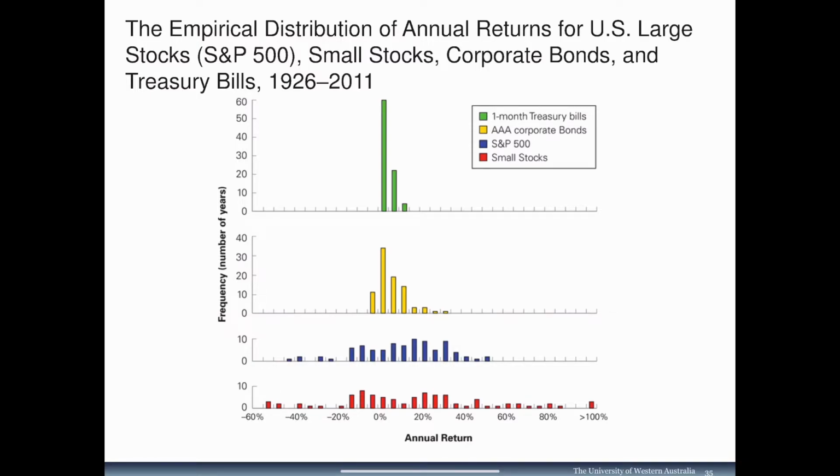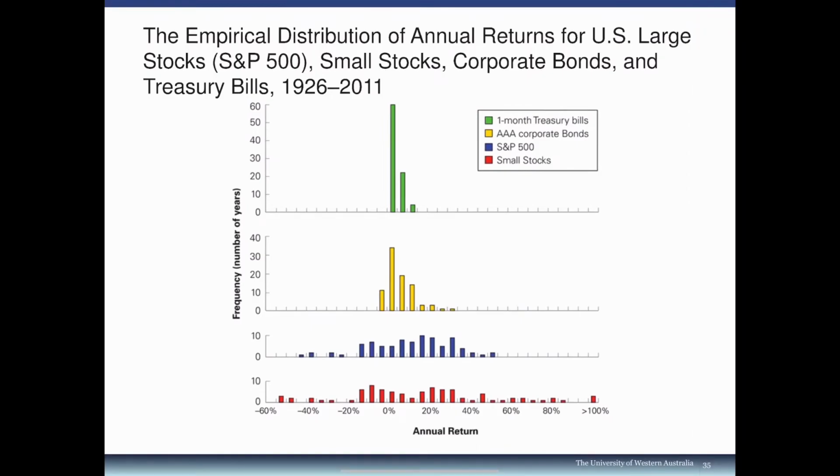Your intuition tells you we know that small stocks was the one that has the highest risk in the previous graph, and you also confirm that observation in this graph, that when you plot out a return distribution, it also has the widest dispersion. When you plot out the distribution, dispersion can be measured using standard deviation or variance. So that gives you an idea, okay, maybe we can use that to proxy risk.